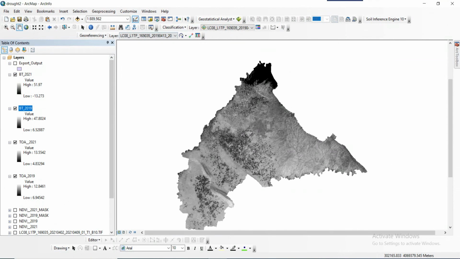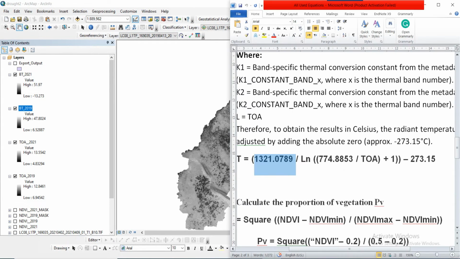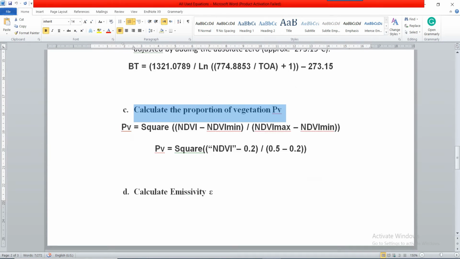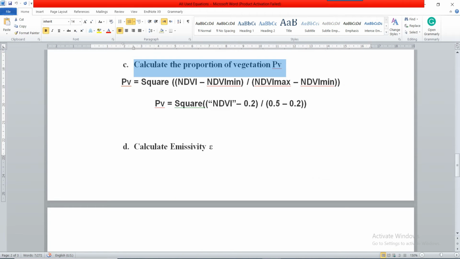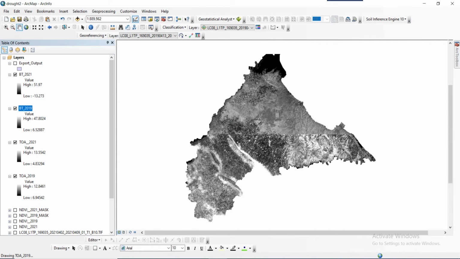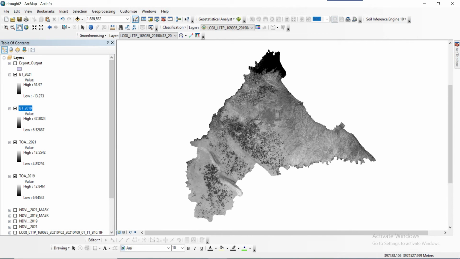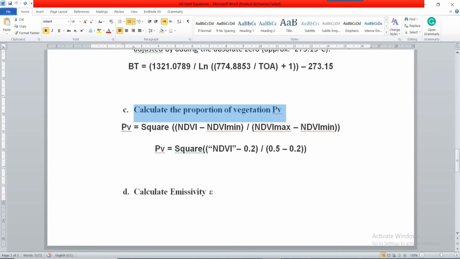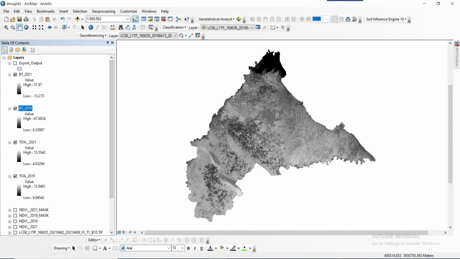But the rest of the procedures or steps is just for correcting the temperature to minimize the effect of vegetation on the temperature. So it's dependable. We can depend on the brightness temperature value as a real temperature. But as I said, we make another steps for calculating the LST just in order to make it more accurate.